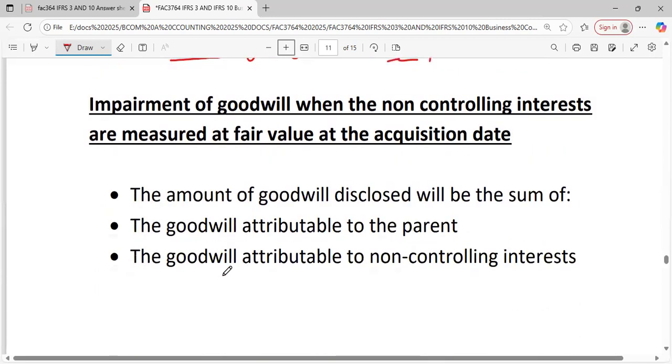Let's look now at impairment of goodwill when the non-controlling interests are measured at fair value at the acquisition date. Remember, this is where we have goodwill for the parent and goodwill for the subsidiary. If we are measuring non-controlling interest at fair value, we are going to have goodwill for the parent and goodwill for the subsidiary.